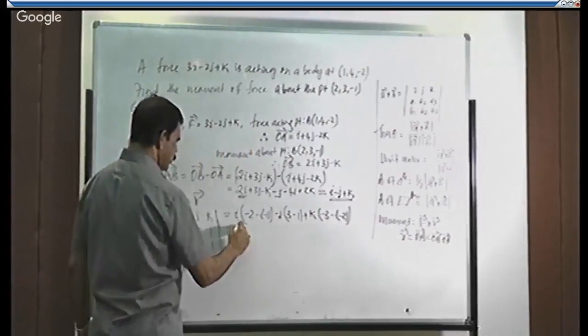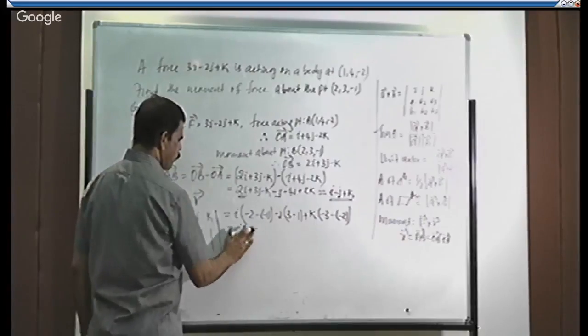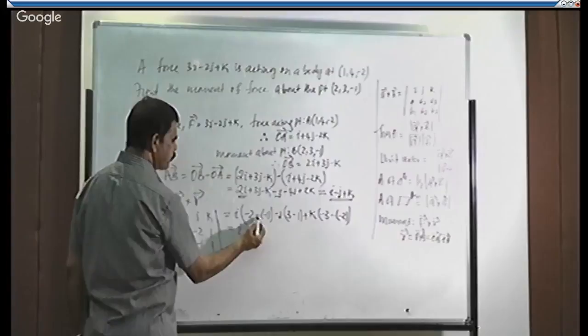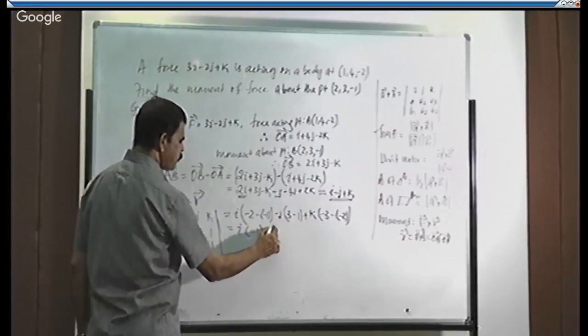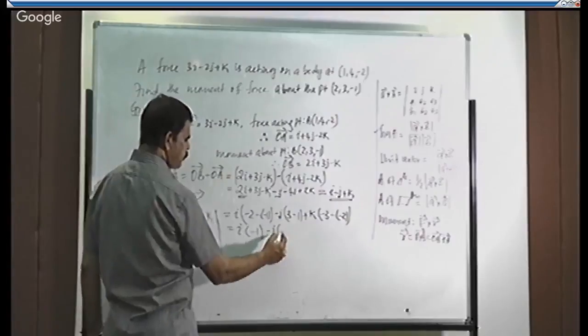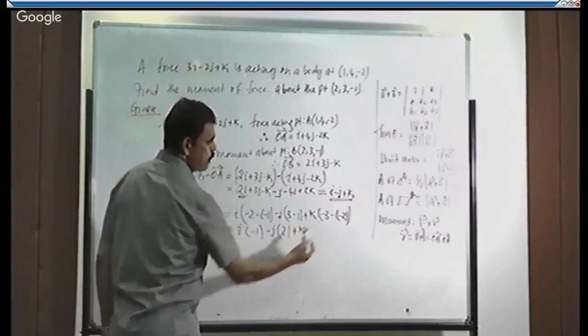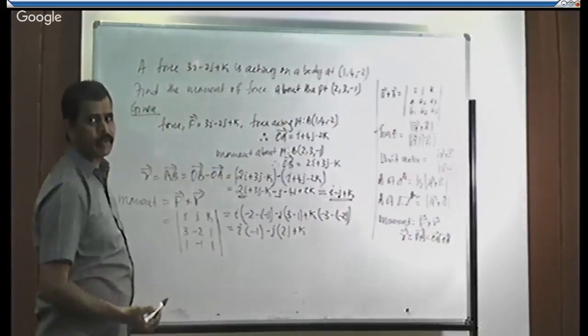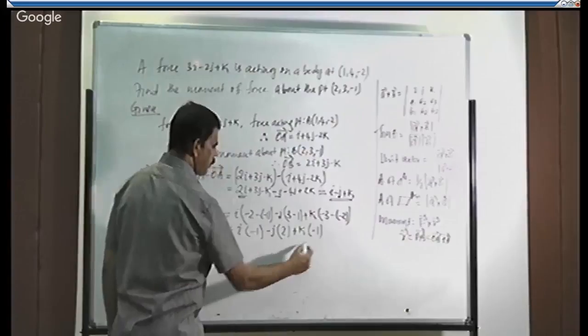That is equal to i into minus 2 plus 1. Minus into minus is plus 1. Minus 2 plus 1 is minus 1. Minus j into 3 minus 1, it is 2. Plus k into minus into minus plus minus 3 plus 2. Minus 3 plus 2 is minus 1.